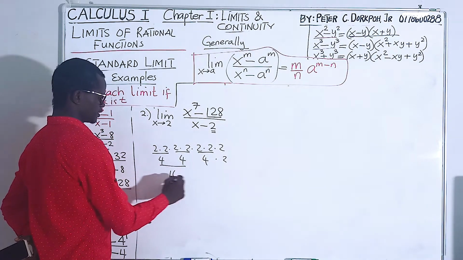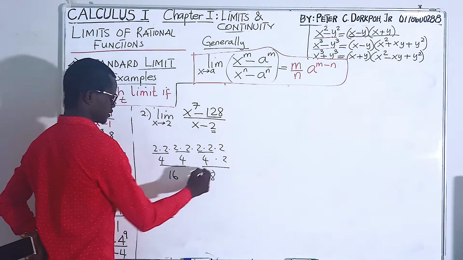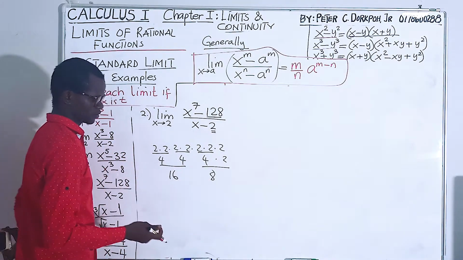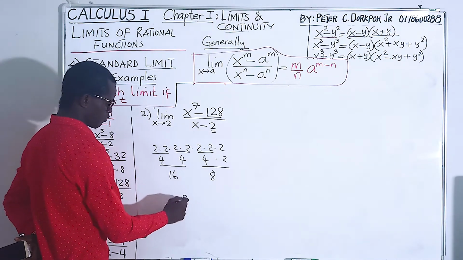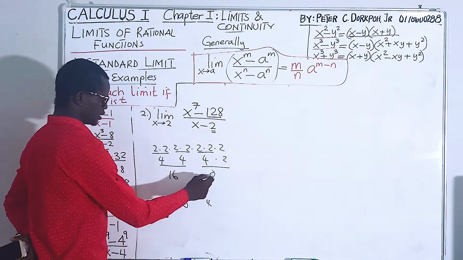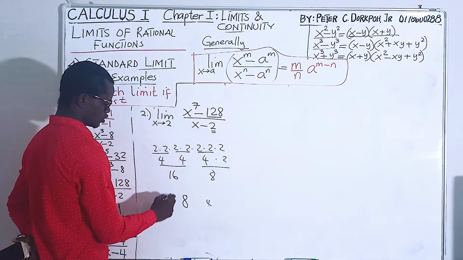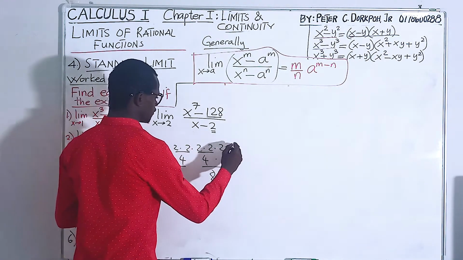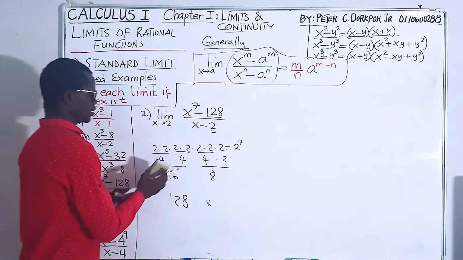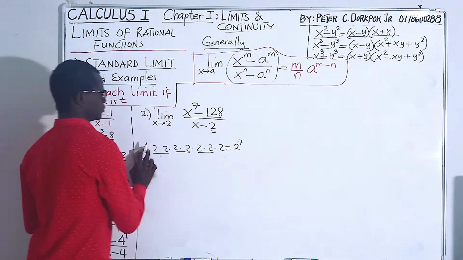This is 16, and this is 8. So it's like 8 times 16, right? So 8 times 6 now is 48. 8 times 1, 8 plus 4 is 12. So it's 128. So it means that we can have 2 raised to the 7th power to give us 128.